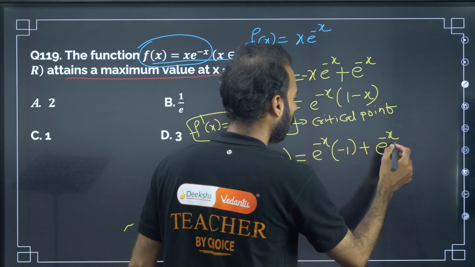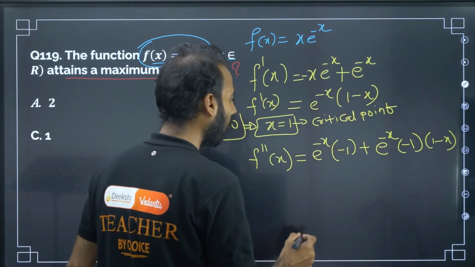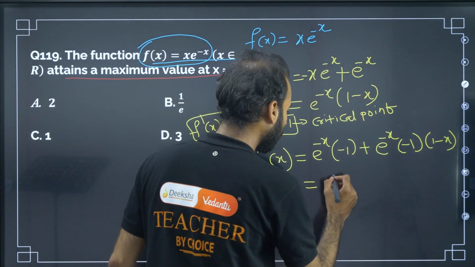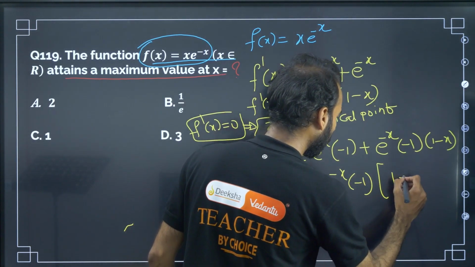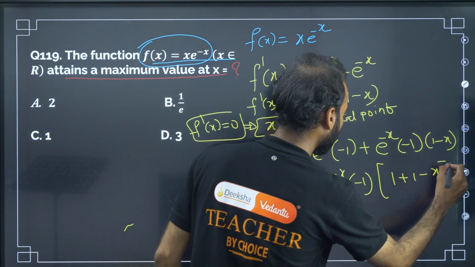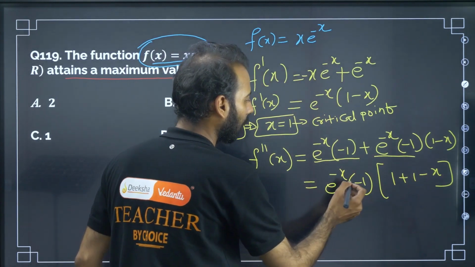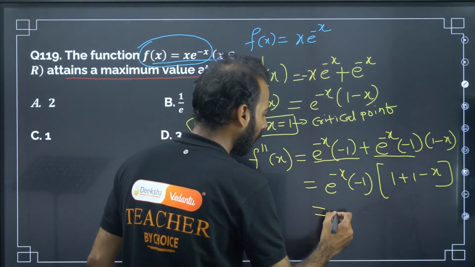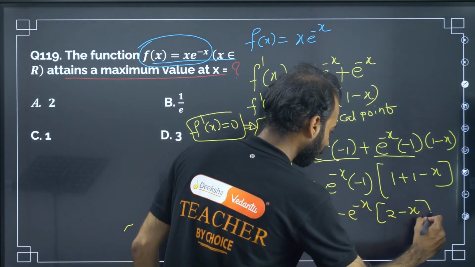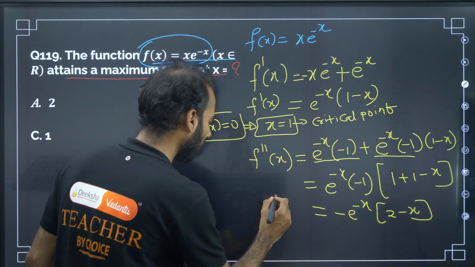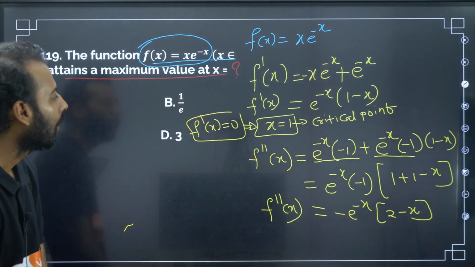If I am differentiating this and keeping 1 minus x as it is, then overall if I take e raised to minus x and minus 1 common, I am left with 1 plus 1 minus x. So F double dash of x is minus e raised to minus x into (2 minus x).